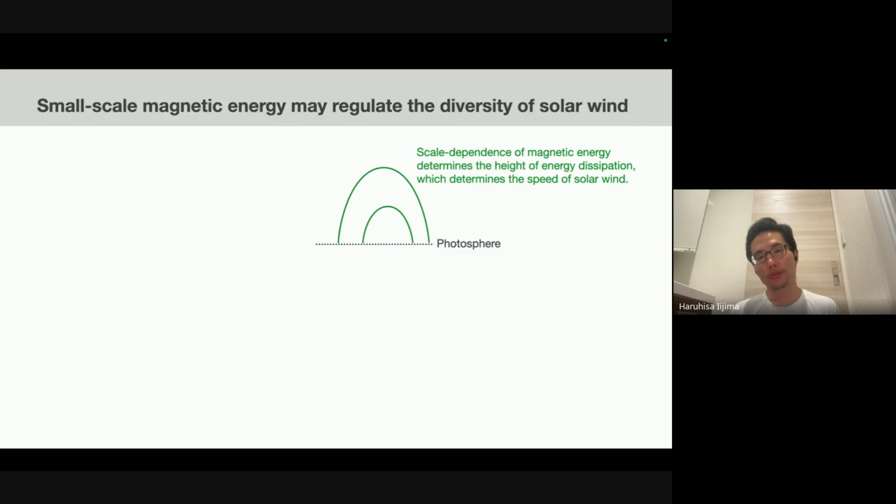And if the magnetic energy is distributed into the larger scales, then the coronal loops will be longer, and the energy may dissipate at higher layers.